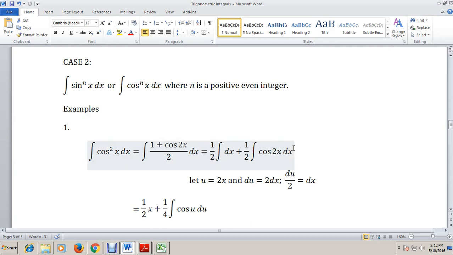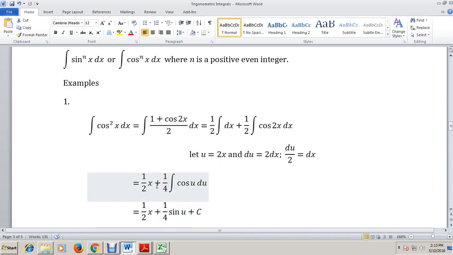Of course, what we do with the constant is place it outside of the integral sign, so there is also 1/2 outside the integral. The two 1/2s are multiplied to each other, so 1/2 times 1/2 becomes 1/4. So what appears here is 1/4 integral of cosine u du.